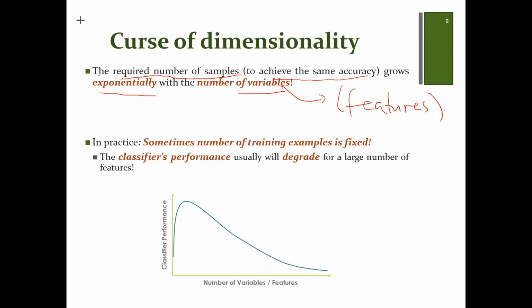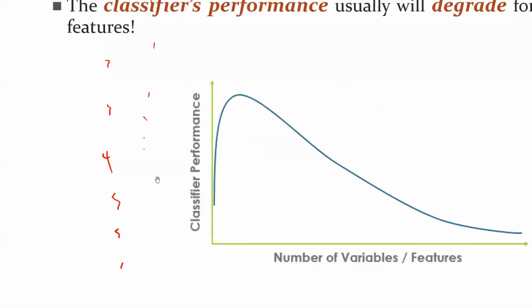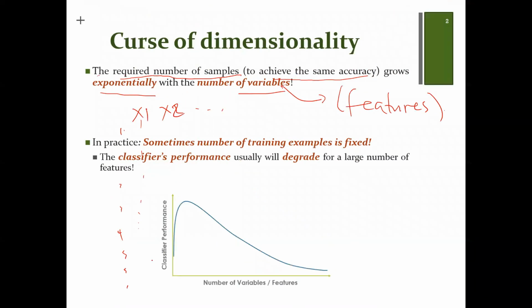Now the idea is this: usually your client provides you with a data set. So you have a number of features, X1, X2, and then you are provided with maybe 100 samples, as the case may be.